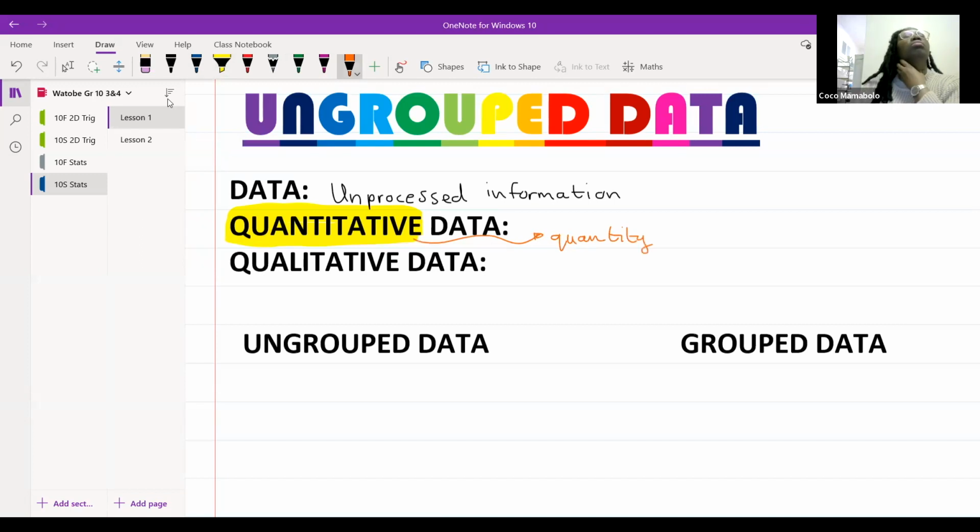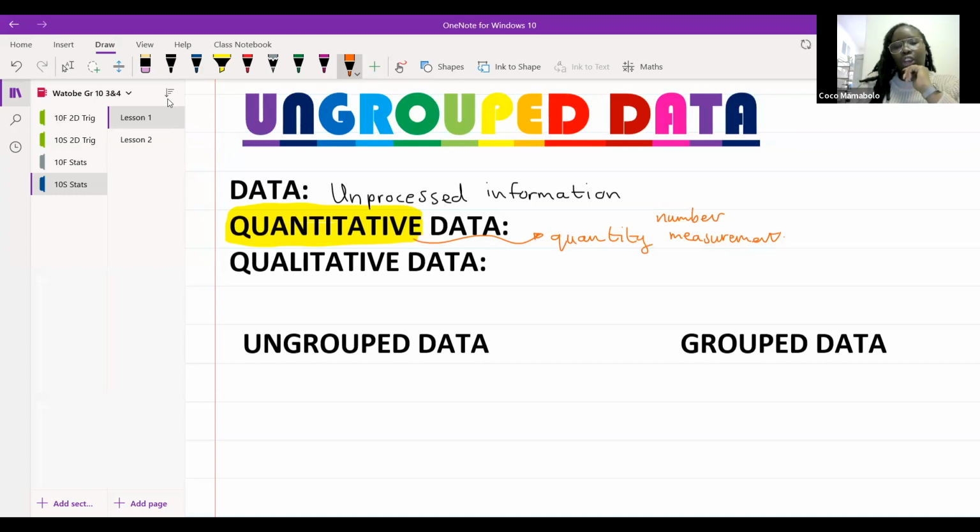A rough definition would be like the number of something or maybe of an item. It's like a measurement, correct? It's like a measure of something. And if we had to put together a quantitative data, what kind of information would you get?